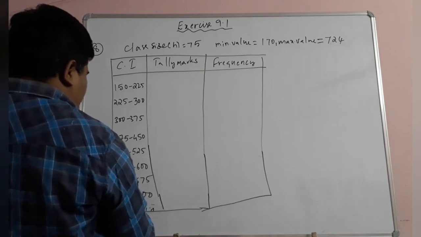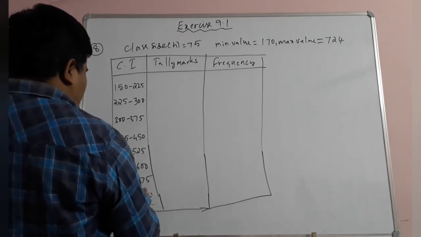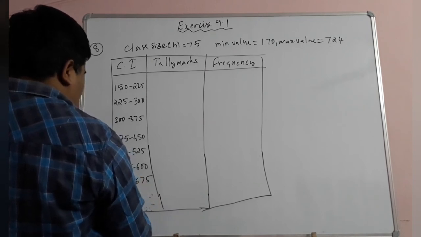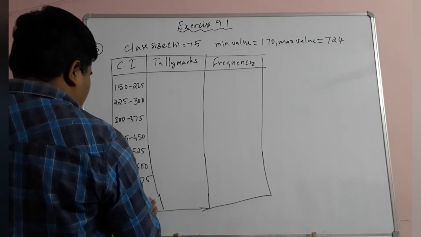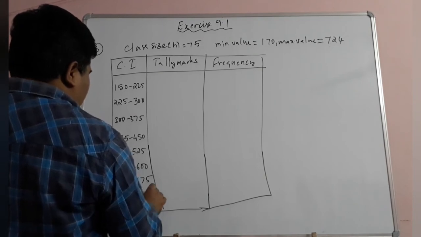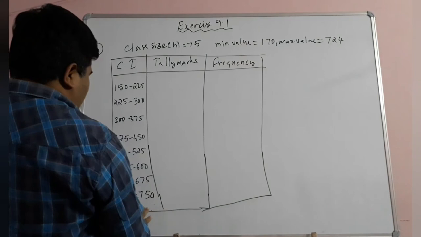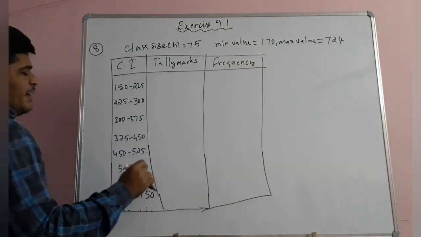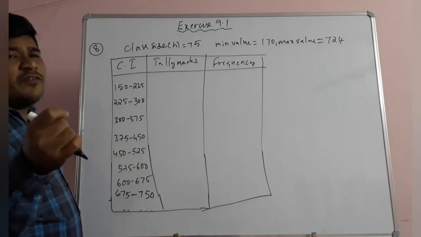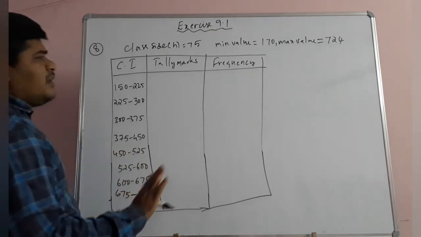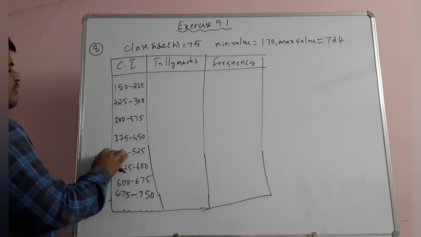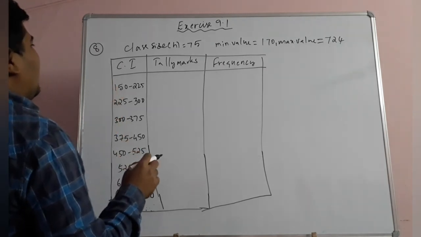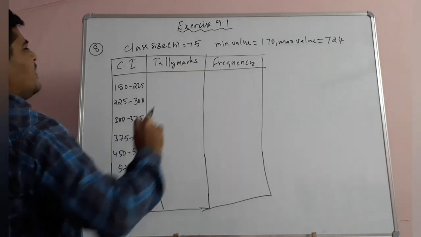So actually this is not 700, children, I'm sorry. 675 to 750. So this 724 is covered, and the maximum value of the given data will come in this class interval. So no problem, children. 1, 2, 3, 4, 5, 6, 7, 8. 8 class intervals are enough. Now with the help of tally marks, we have to find the frequencies.